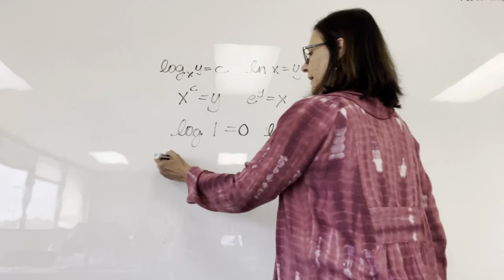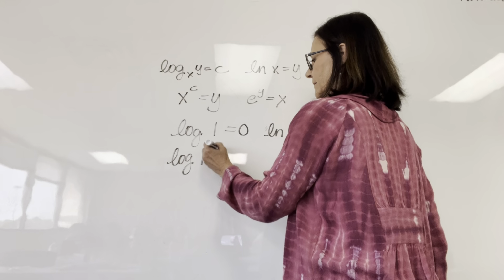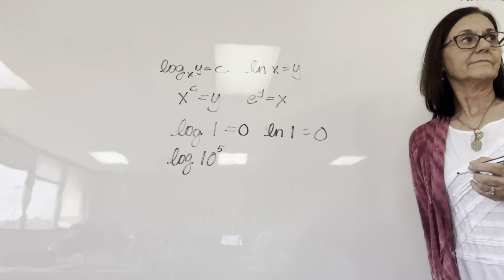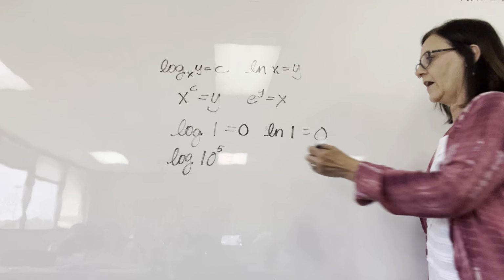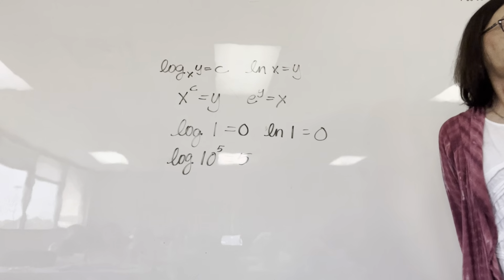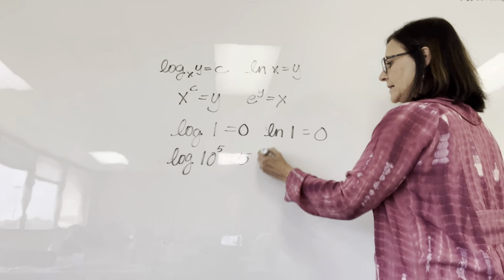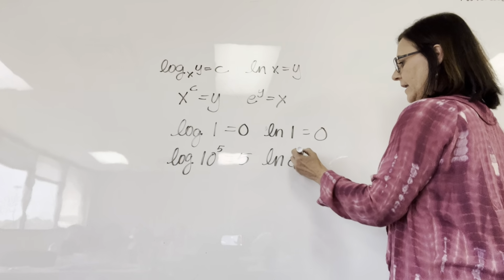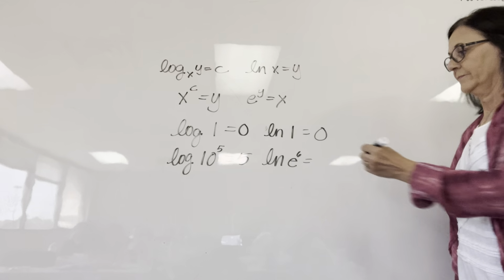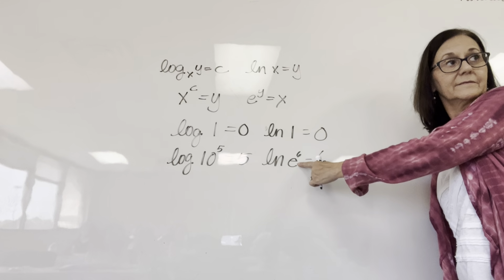All right, what is the log of 10 to the 5th? It's 5, because 10 to the 5th equals 10 to the 5th. Got it? What does the ln of e to the 6th equal? 6, because e to the 6th equals e to the 6th.